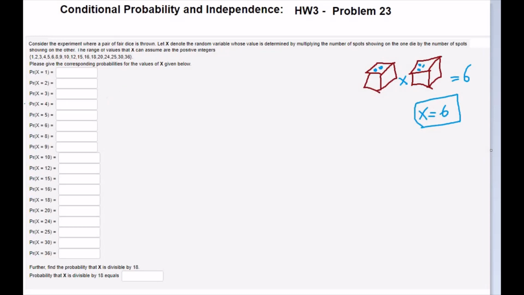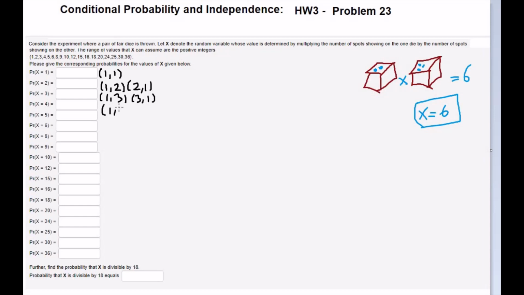Now let's write out the value that x can take. For 1, we have only one condition, 1, 1. For x to take 2, we can get either 1, 2 or 2, 1. For 3, 1, 3 or 3, 1.